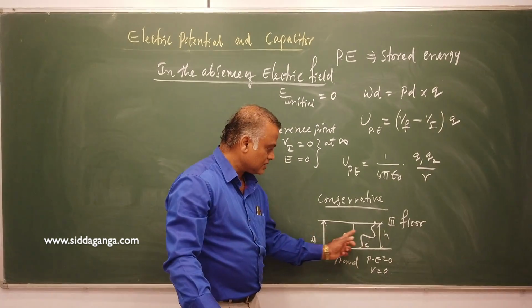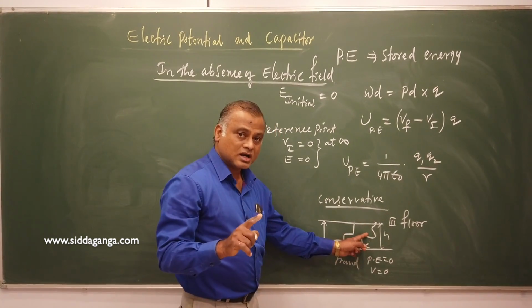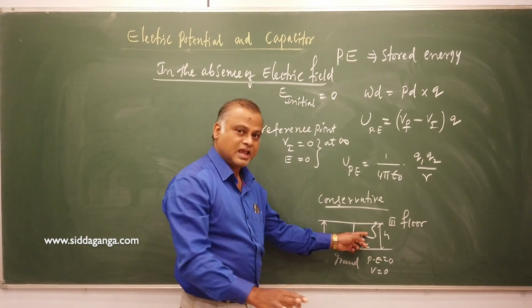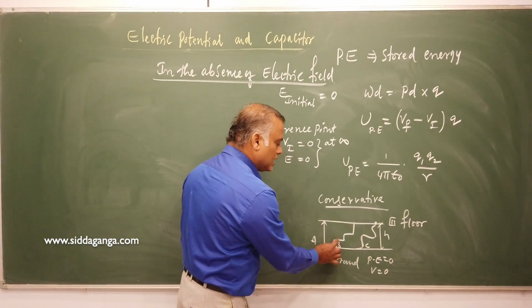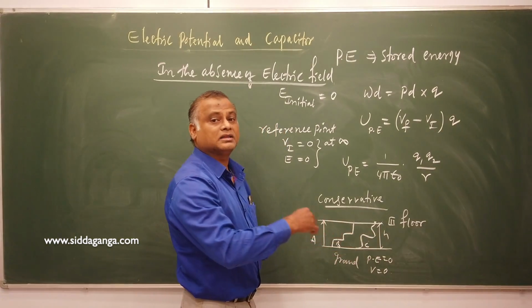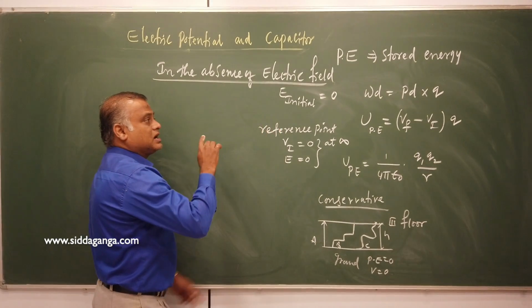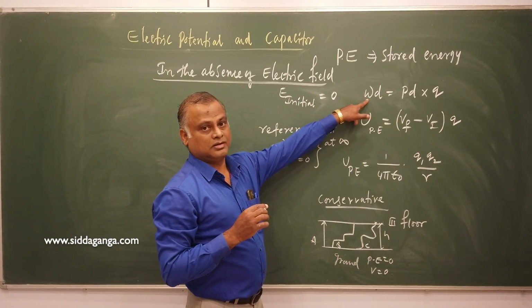For all the three persons, the work done by gravity is same, does not depend on the path along which they move. Path independent. So like that, to carry a charged particle, we need some work here.